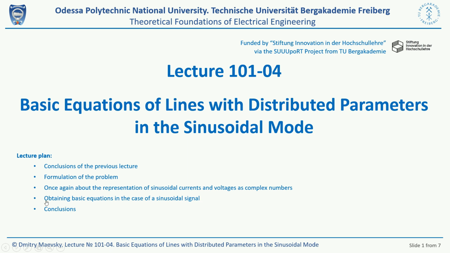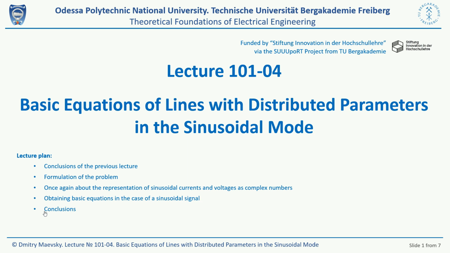Then, based on the system of telegraph equations, we will obtain the basic equations of the line in the sinusoidal signal mode. We will end this lecture, as always, by drawing a number of conclusions.